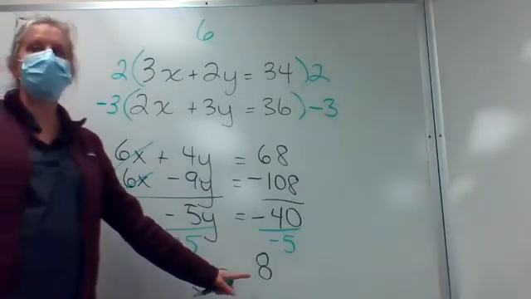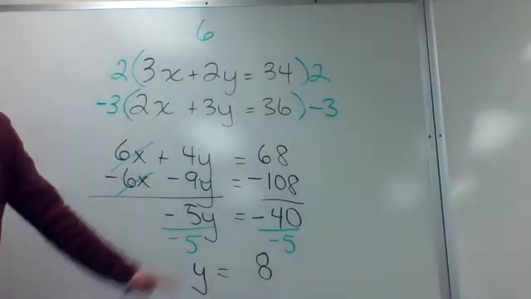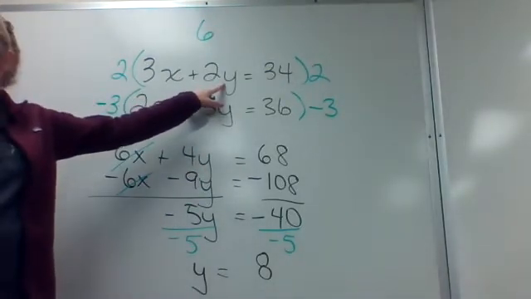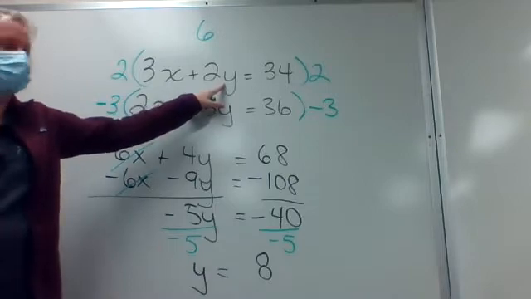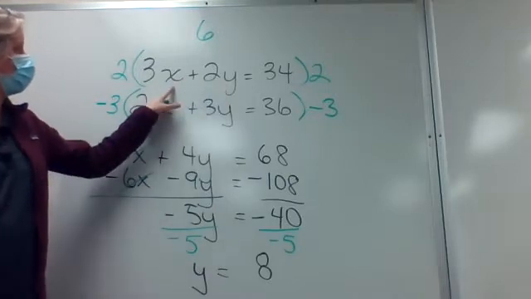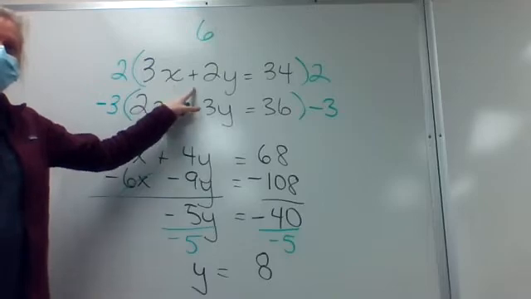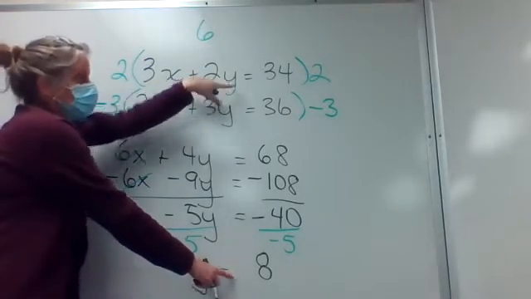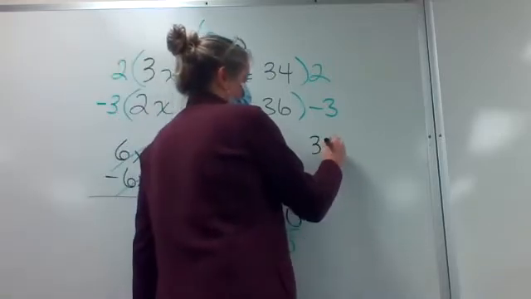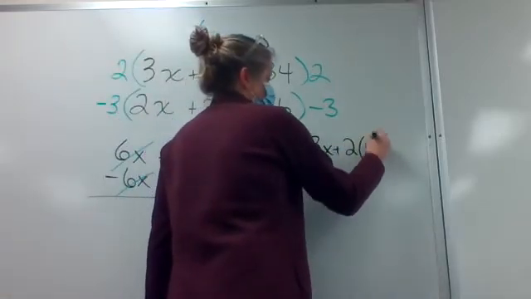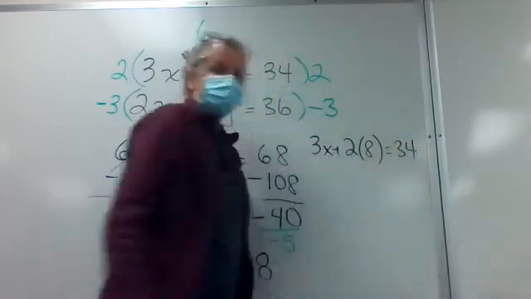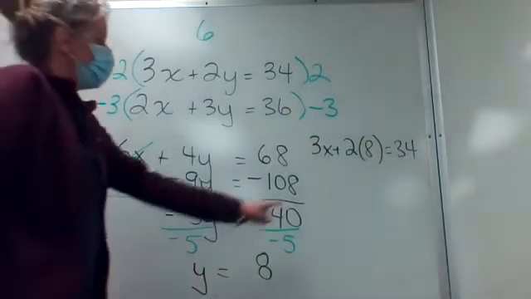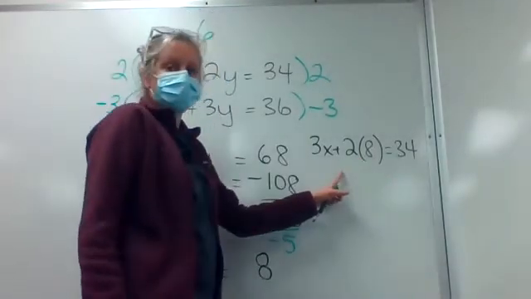Now that I know that y is 8, where do I take it? All the way back up to the top. Put it in the y position. So I'll have 3x plus 2 times 8 equals 34. Now I can solve for x.